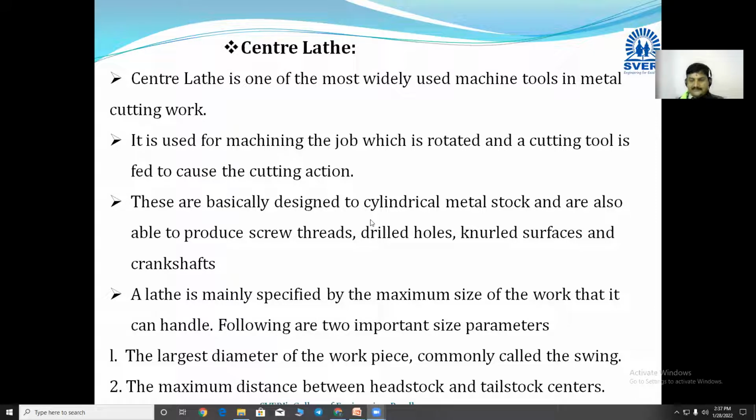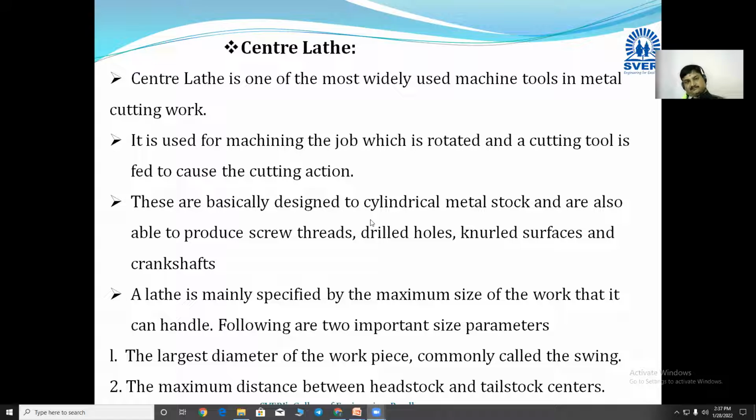Okay, what is the headstock and what is the tailstock we are going to see in the next diagram. But before that, the center lathe machine, how it looks and how it will work, I have explained to you. So this is the introductory part of the center lathe machine, and I request you that please copy it down in your notebook.